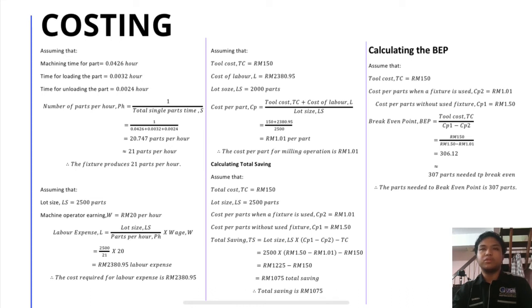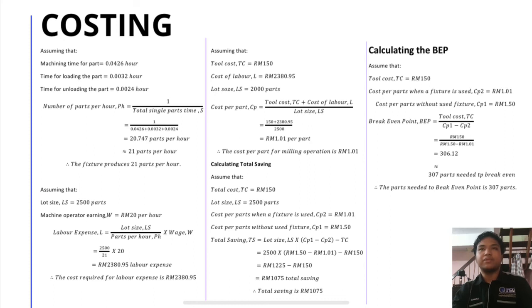So 2,500 multiplied by the subtraction of CP1 and CP2, which is RM 1.50 minus RM 1.01, giving RM 1,225, then minus RM 150. So the answer is RM 1,075 total saving. Therefore, total saving is RM 1,075.